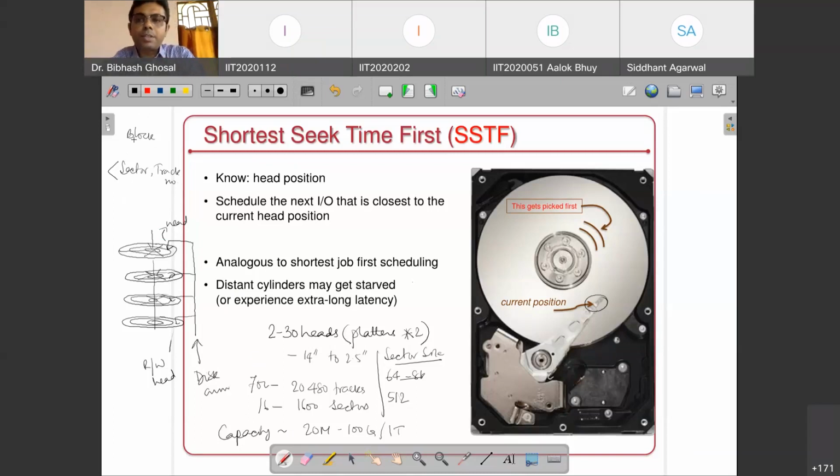So, sir, for each disk we would have 2 heads? Yes, if you are storing data on both sides of the platter, then you will require 2 heads, one for the top and one for the bottom.